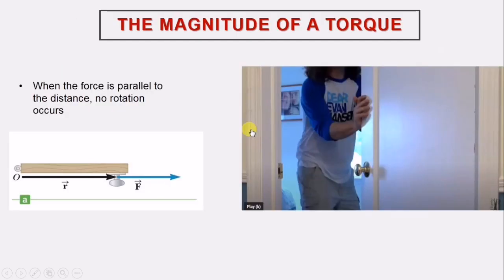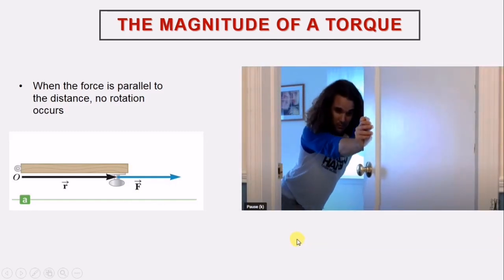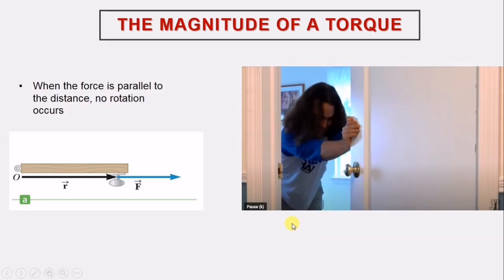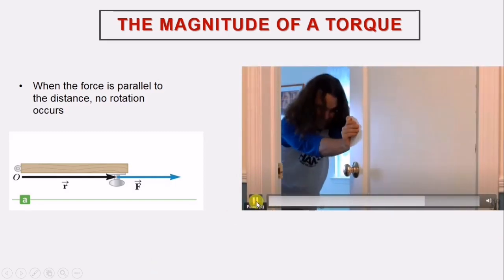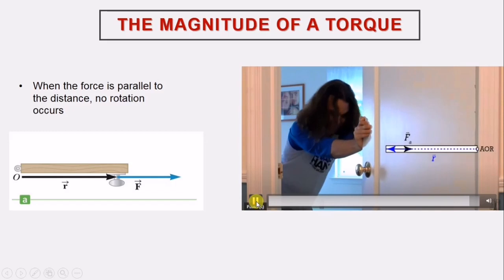Now let's continue. Let's say that you are exerting a force parallel to the distance. Will this force cause any rotation? Will it lead to any torque? One last example of how you will never try to open a door. Why will you never try to open a door by pushing on the side of the door like this?